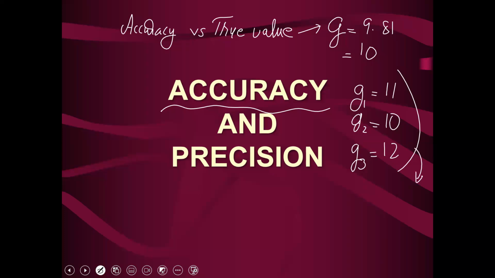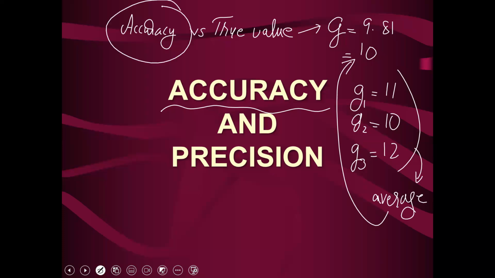But if you find the average, the average will become 10. As the average value is close or equal to the true value, we will say that it is accurate.